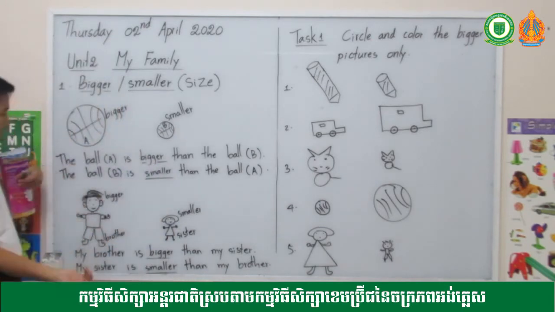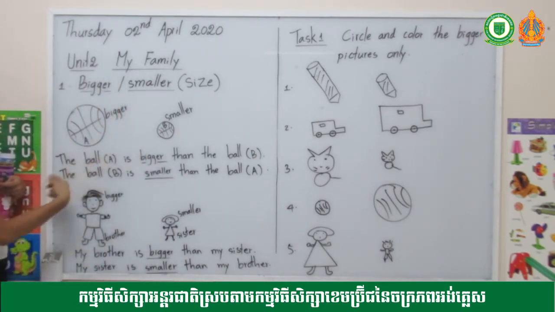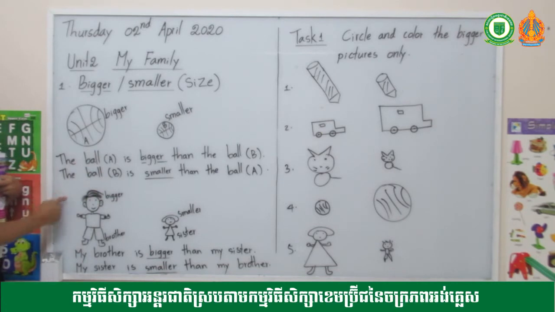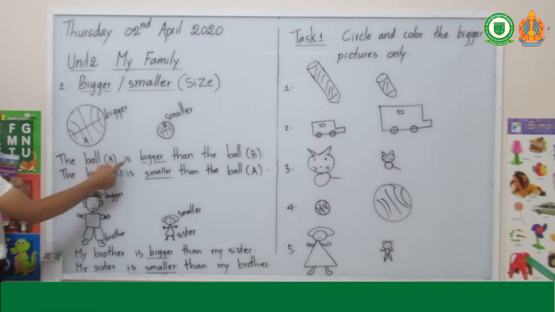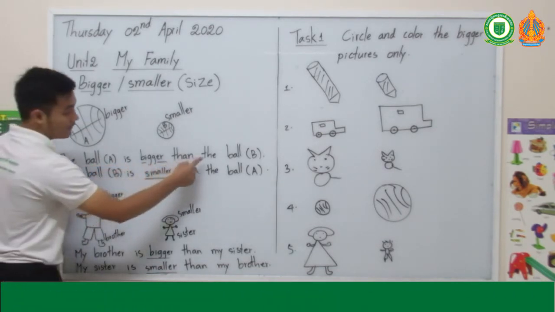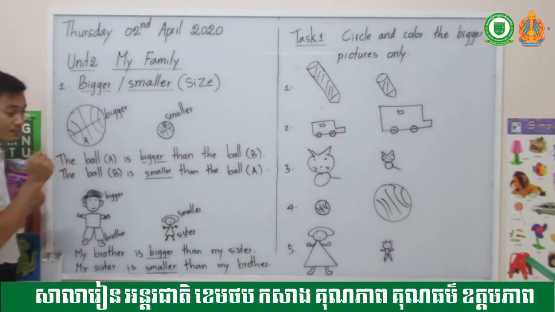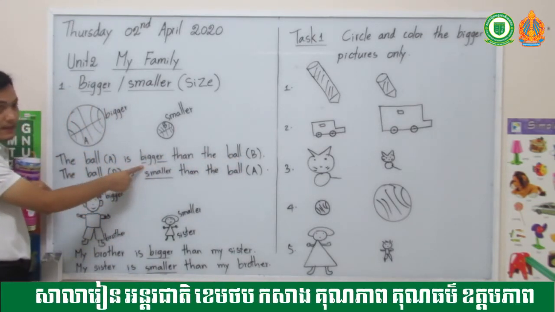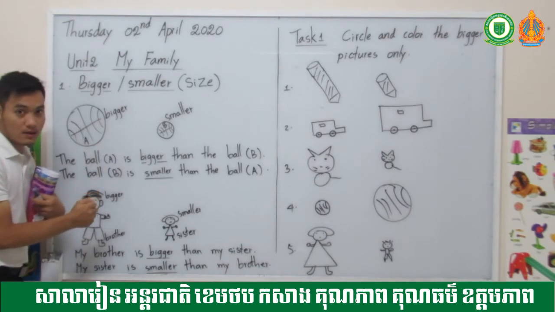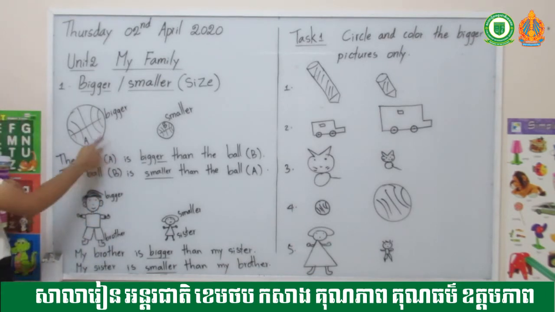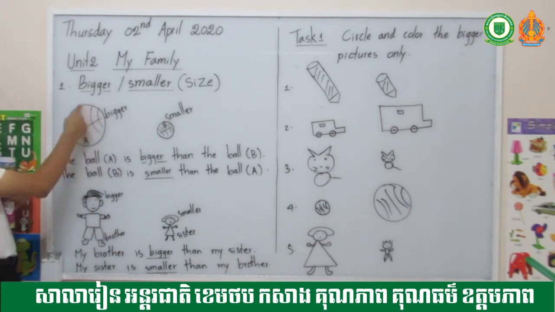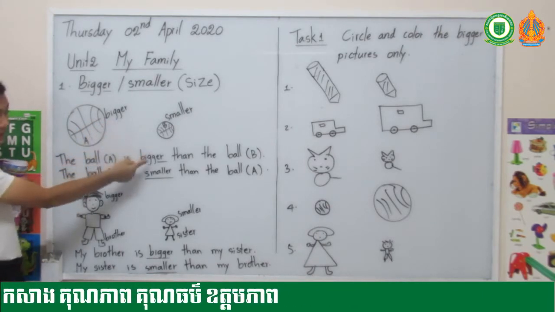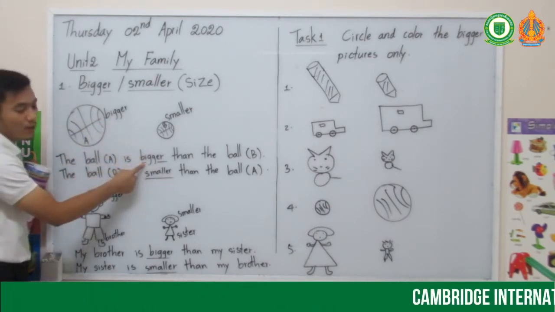So look at the first two sentences. The first one says, the ball A is blank than the ball B. What do we complete here, bigger or smaller? The ball A is bigger, so we complete the word bigger.